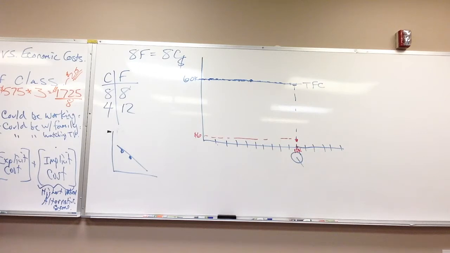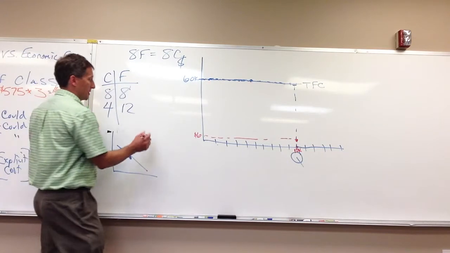Is that a line somehow between the 6 and the 60 line? Yeah, make some numbers up. How much would our average fixed cost be if we produce 1 unit, 1 soda? What would be our average fixed cost? 6. Nope. Maybe 60,000. 60,000, right?